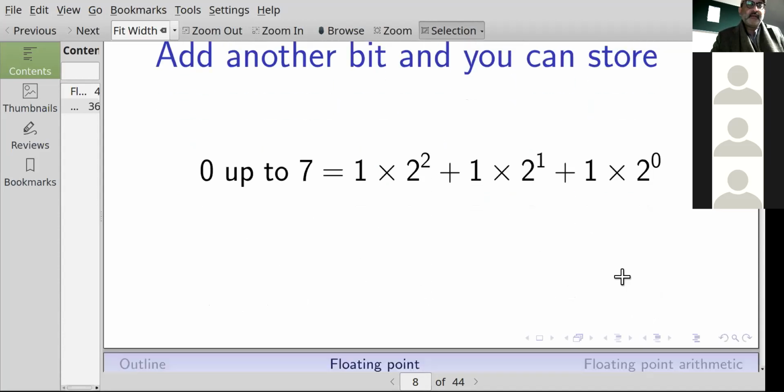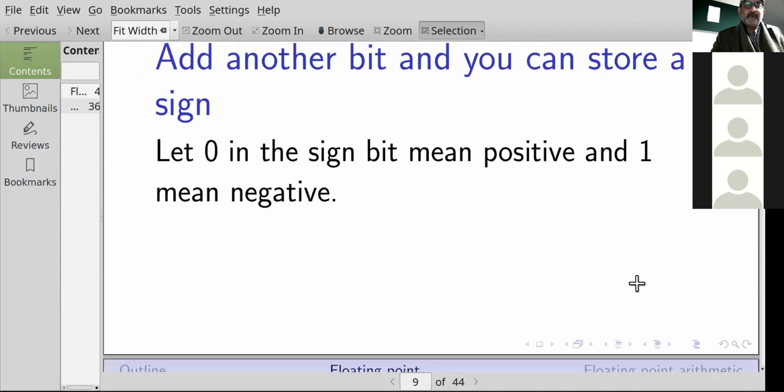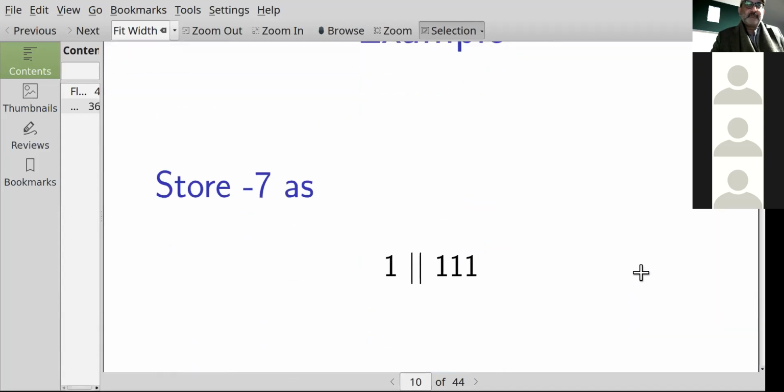Now if I also want to be able to store -7, or +7, then 7 can be stored as 1, 1, and 1 in the 3 bits that I have for storing the magnitude of the number. And then there's a bit that I'm calling the sign bit.